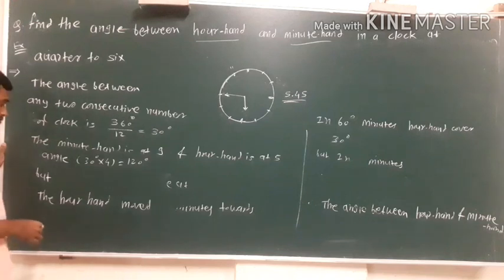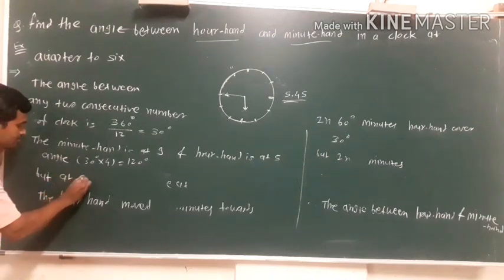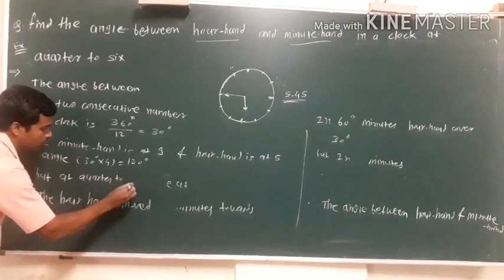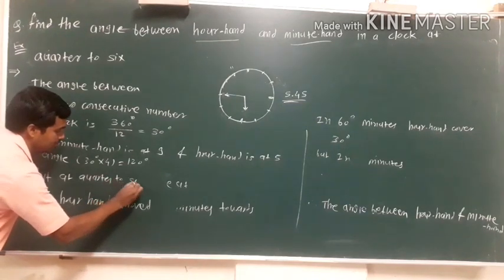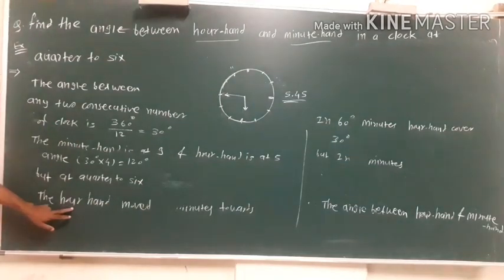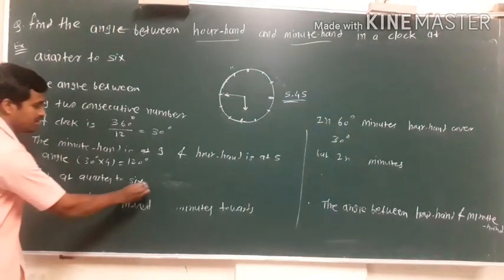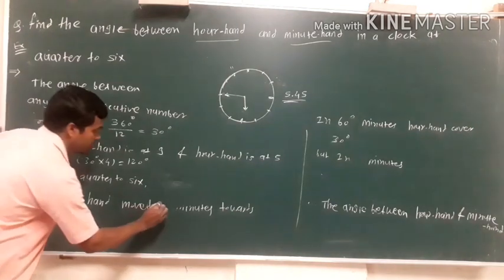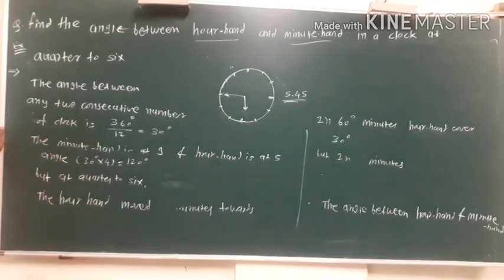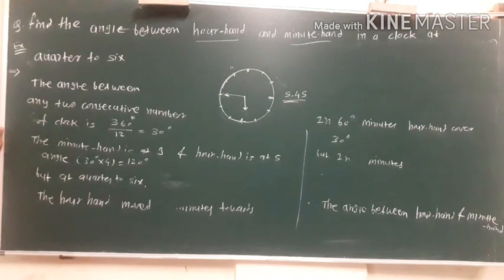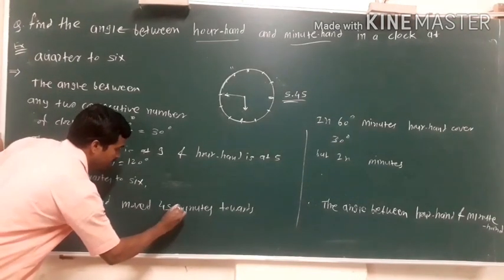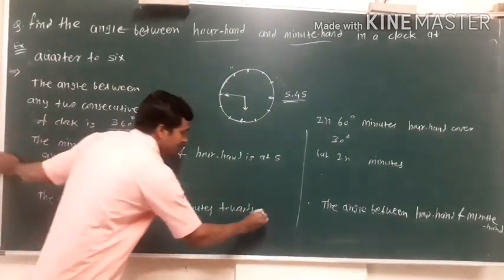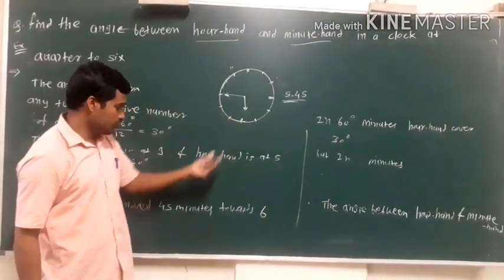But at quarter to 6, the hour hand moves 45 minutes towards 6.